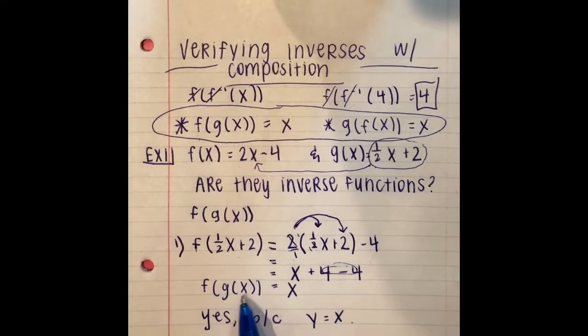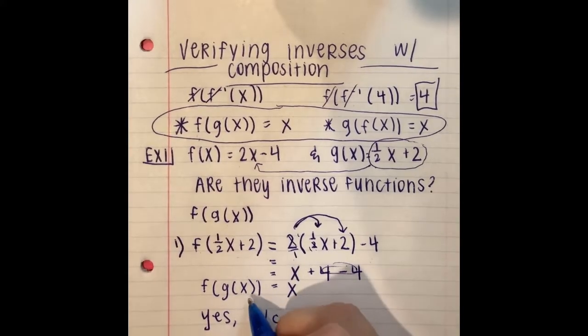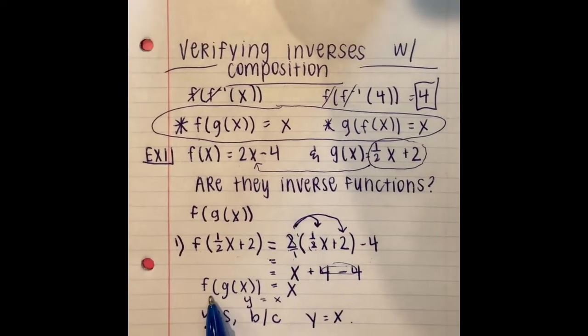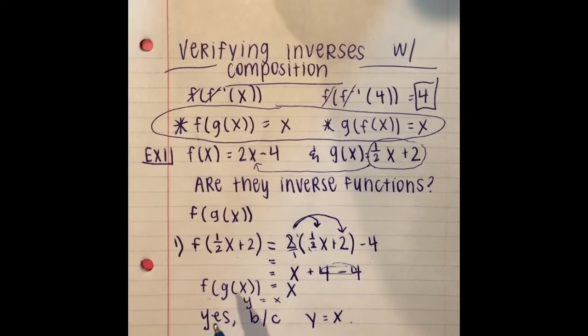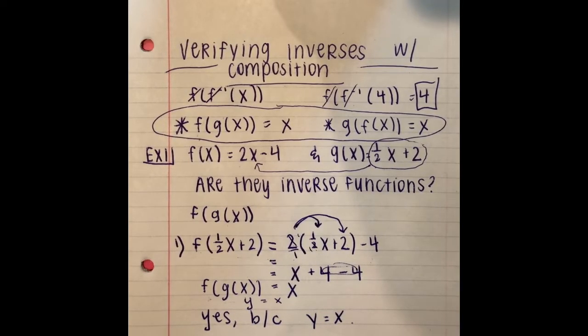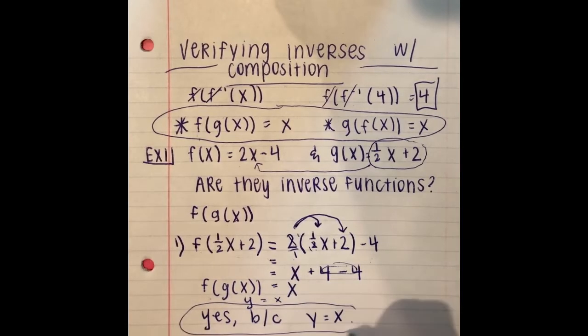Because f of g of x is the same thing as y, right? This is just y equals x. They don't always have to use f and g. They could have h or k, whatever variables they use to name each function. But those variables always mean y, okay? So yes, because y equals x would be our answer.